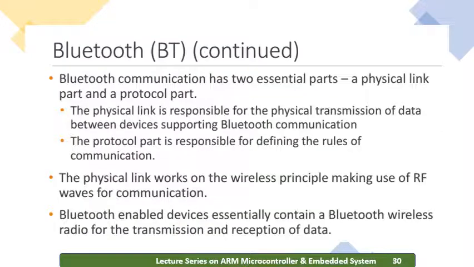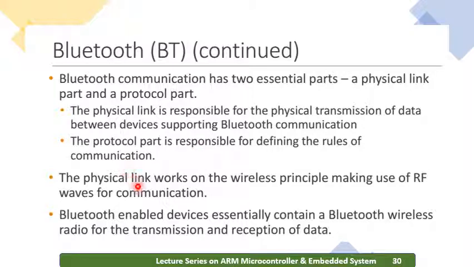Okay. The Bluetooth physical link part is responsible for the physical transmission of data to the devices supporting Bluetooth communication, whereas the protocol part is responsible for defining the rules of communication.